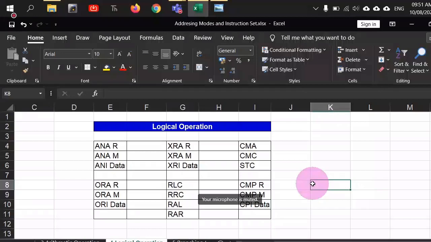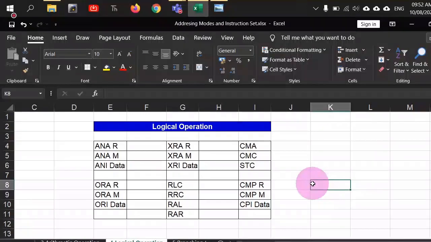Sir, what was the use of the flag? The comparison command is like a subtraction command, where the subtraction will happen and the appropriate flag registers will be set.